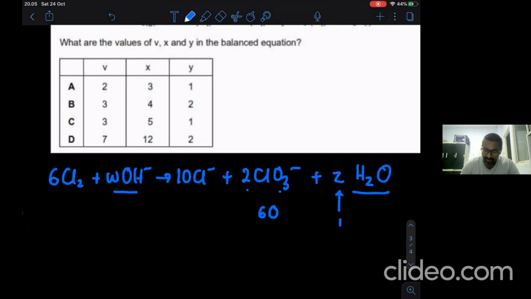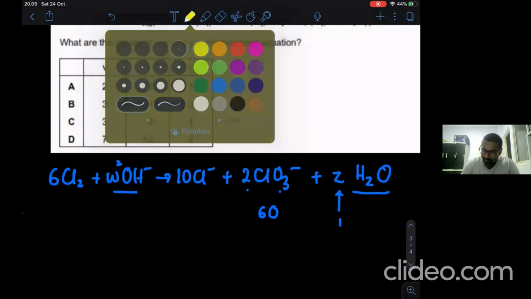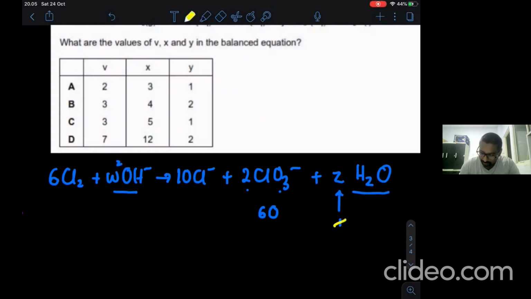Then this is going to be 2, so I only have a total of 2 oxygen. I don't get 7 oxygen, so definitely cannot use 1. Let me try 2.